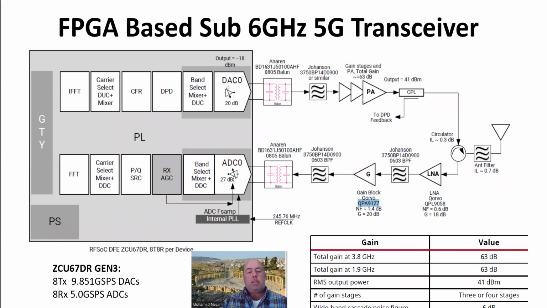Now let's look at the system level, the sub-6 gigahertz transceivers. From last time, we also revealed that we could have two options. We can use off-the-shelf system-on-chip packages like the Xilinx SoC that has the baseband processing, all the signal processing portion, the modulator, demodulator, with internal DACs and ADCs included in the FPGA.